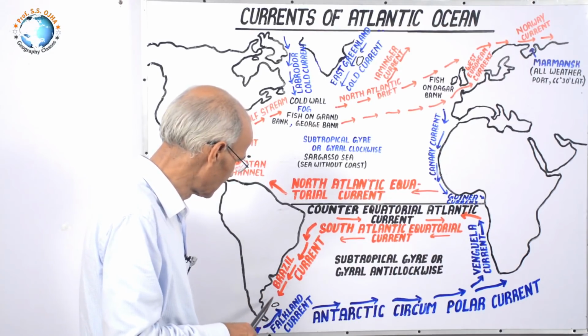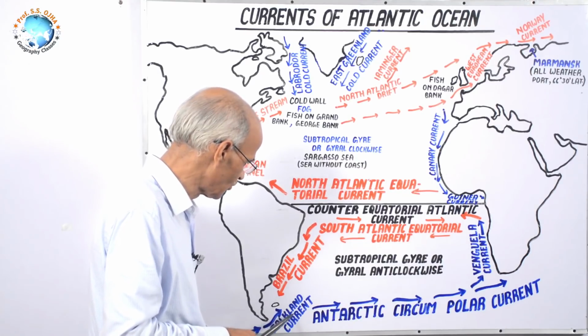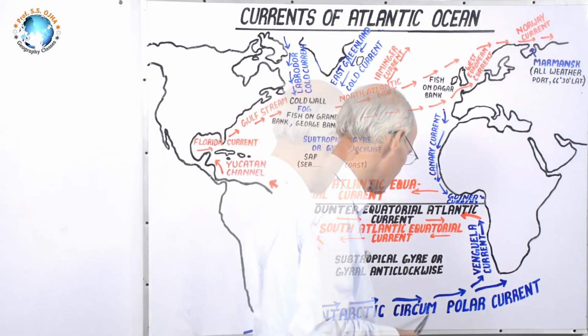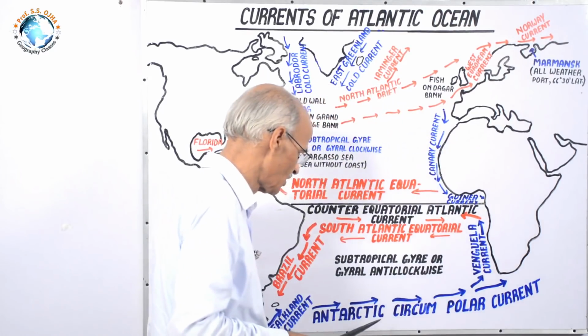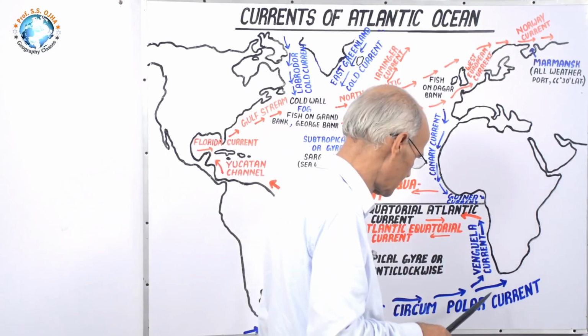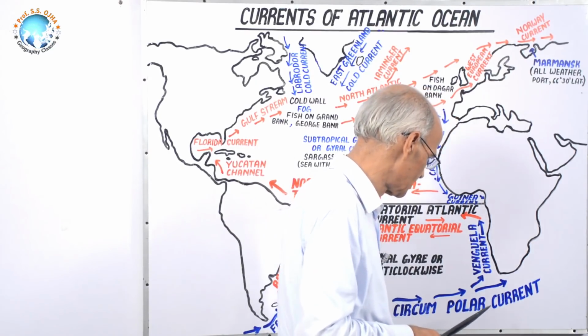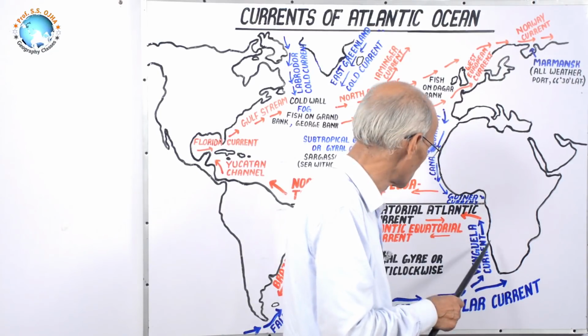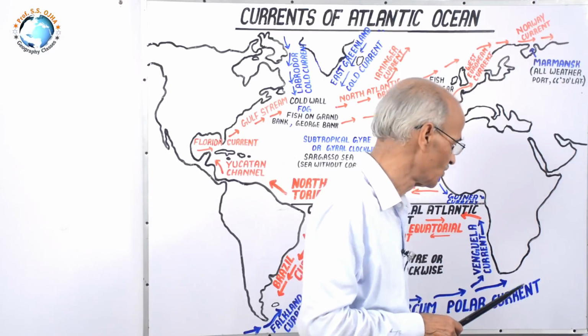Now after the meeting of these two, the water which is in excess flows along this Antarctica circumpolar current, which is of cold nature, and when it reaches here, it is divided into two branches. One branch moves to the north, which is called the Benguela current, not Venezuela.